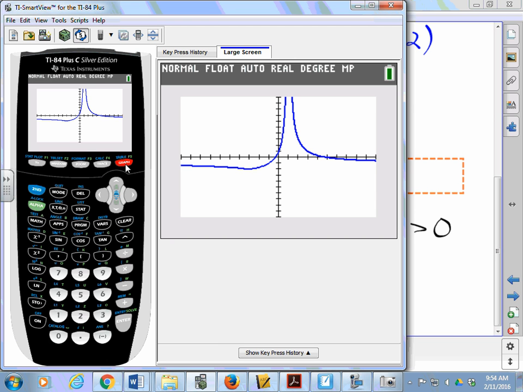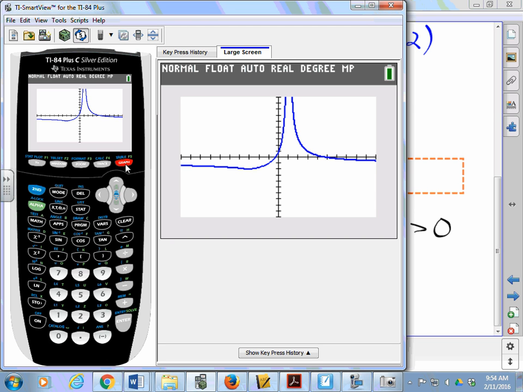Close. Yep, because that's where the denominator equals 0, and we have a vertical asymptote there, so it's undefined. It's in there, right? No, you have a negative 2, not a minus 2.